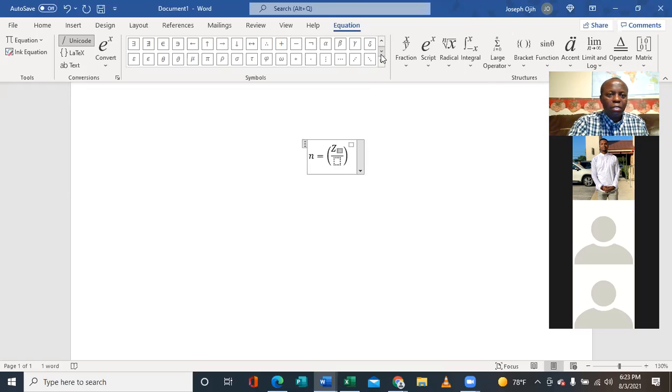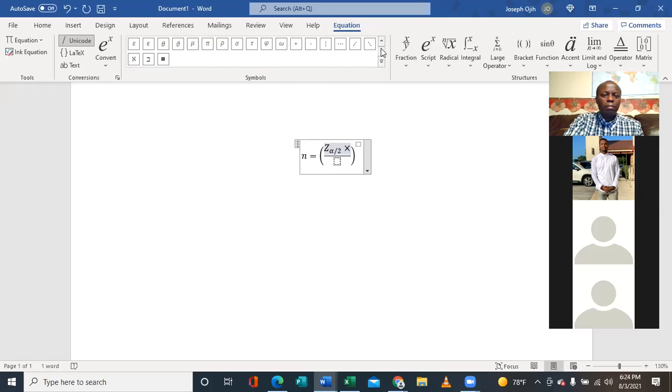Alpha over 2, okay, times you have standard deviation, which is sigma, over the error, then squared.